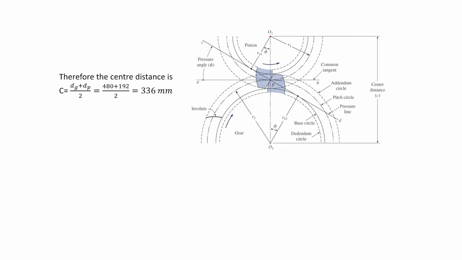This is the center of the pinion. O1 is center of rotation of the pinion, about which the pinion is rotating, and O2 is the center of rotation of the gear, and distance between this O1 and O2 is the center distance, and this is given by C is equal to the pitch circle radius of the pinion, this distance, which is equal to dp divided by 2, and this is the pitch circle radius of the gear, which is dg divided by 2.